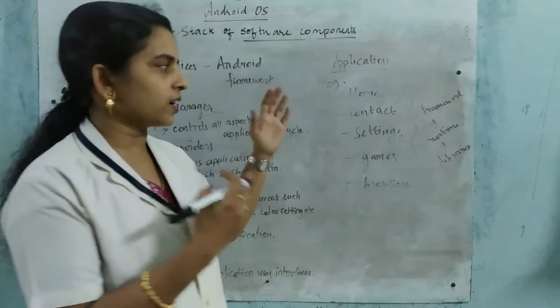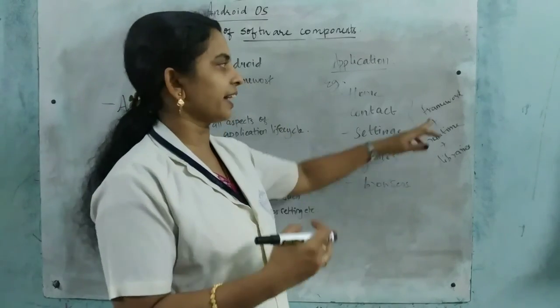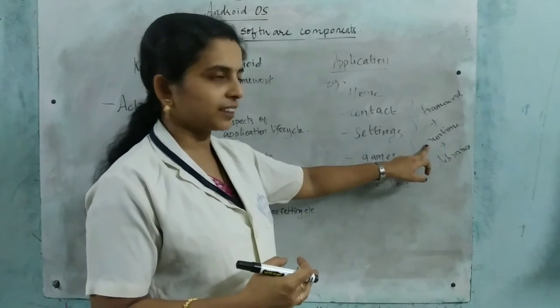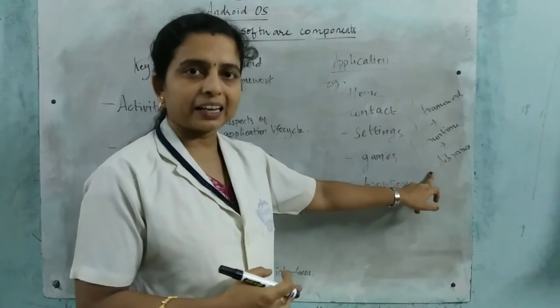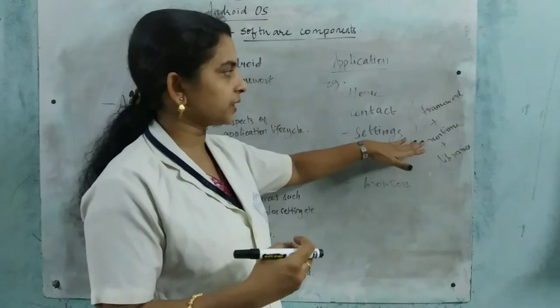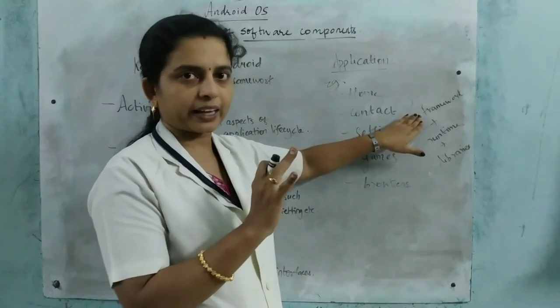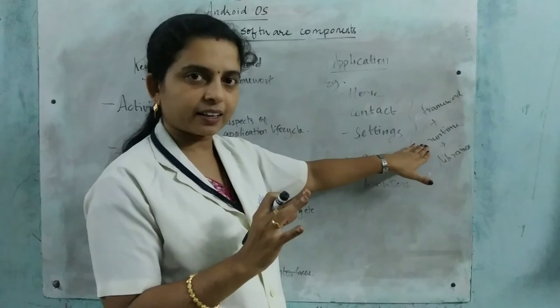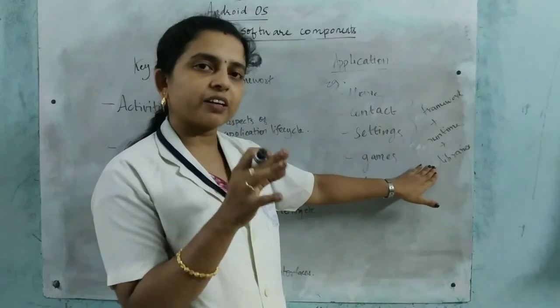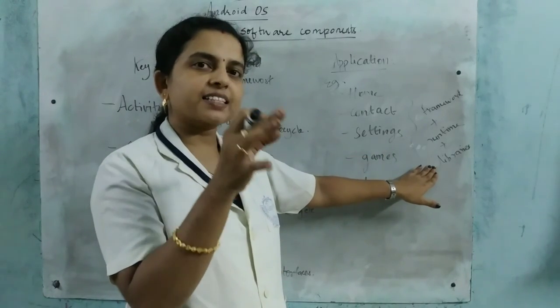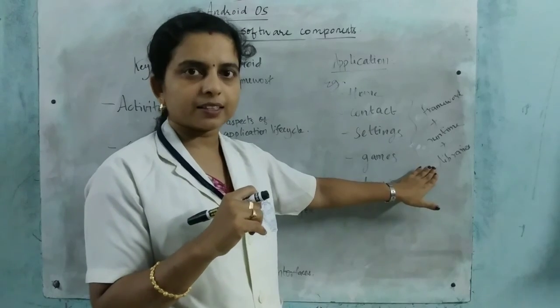What all these are doing is using the Android framework, and along with that it is using the runtime and the libraries. So here execution is done in the runtime, and it is having the Android framework. Execution is done in the runtime, and finally whatever files are needed, it is taking from the libraries. Understand?